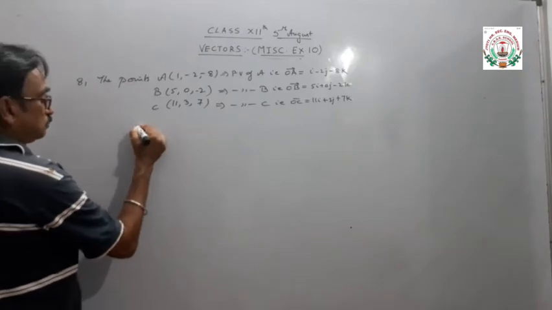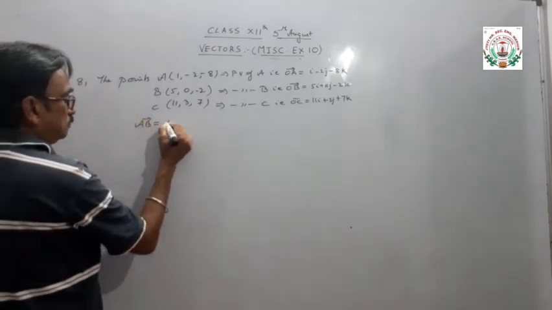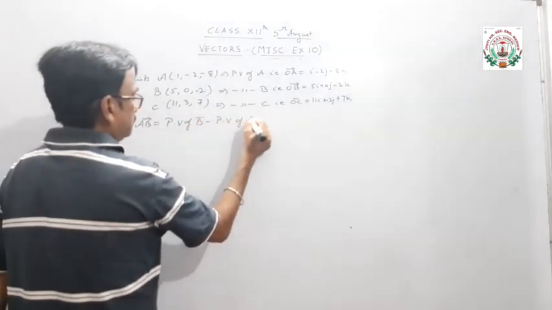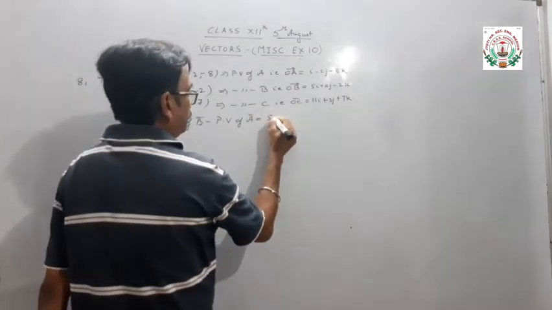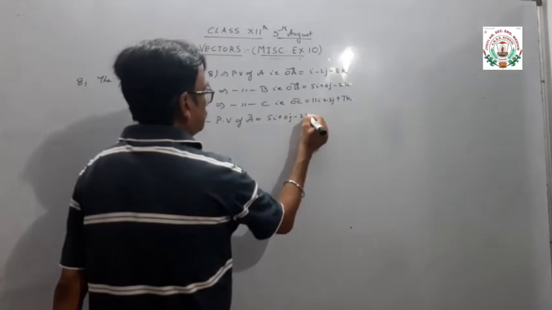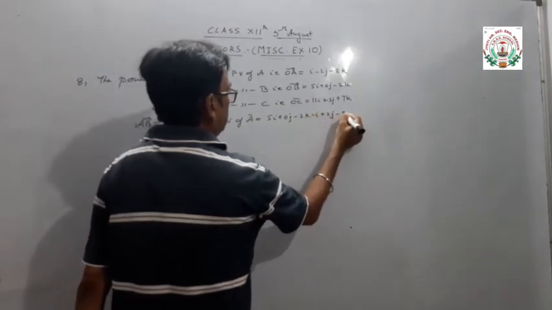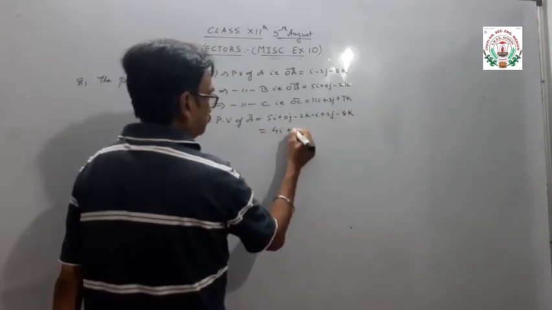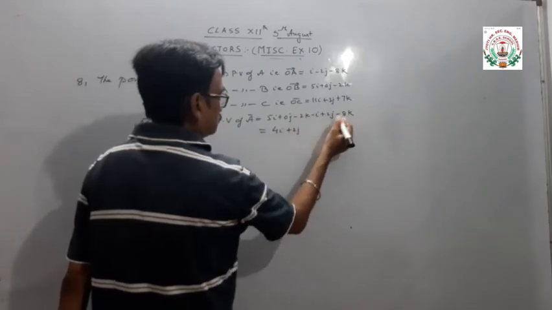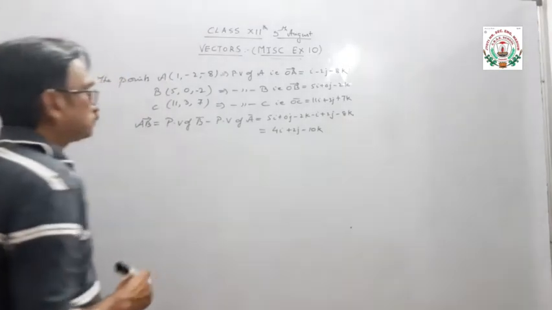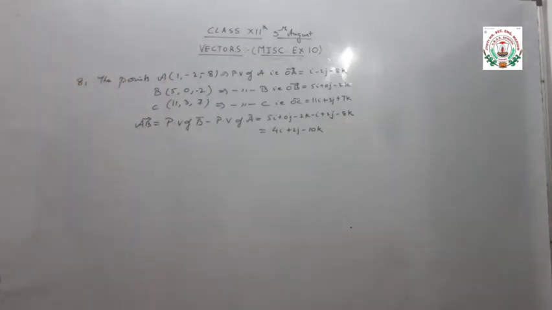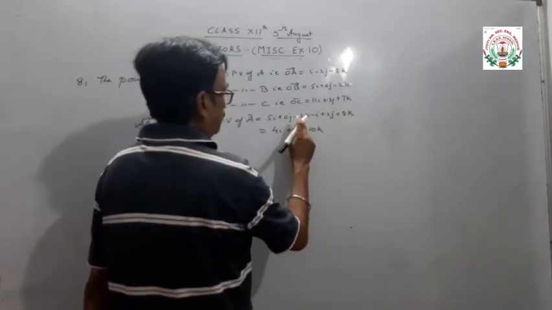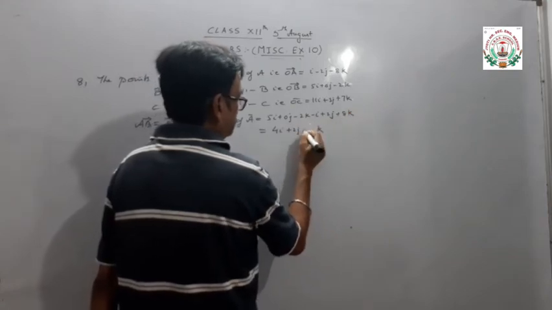For collinear, first I am going to calculate AB vector: position vector of B minus position vector of A, that is 5i plus 0j minus 2k minus (i minus 2j minus 8k). 5i minus i is 4i, 0j plus 2j is 2j, and minus 2k plus 8k becomes 6k.